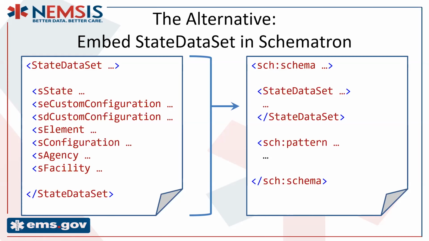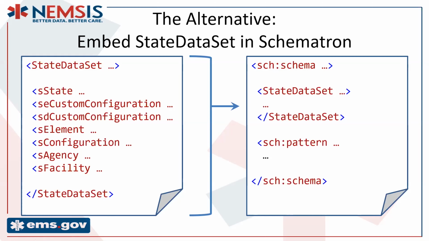And the vendor may also have some features in the product that assist state data managers with creating Schematron files. So this is something the vendor could implement to take all the state data set data and inject it into the Schematron schema so that it can be referenced in Schematron rules. Okay, so let's dive in and take a look at how this is done, and it's actually pretty straightforward.